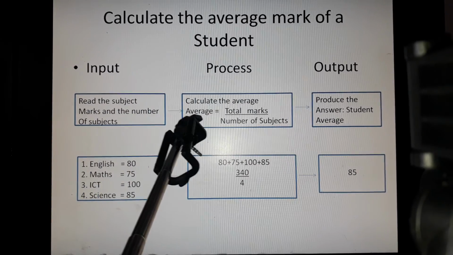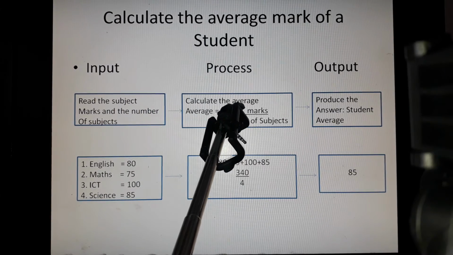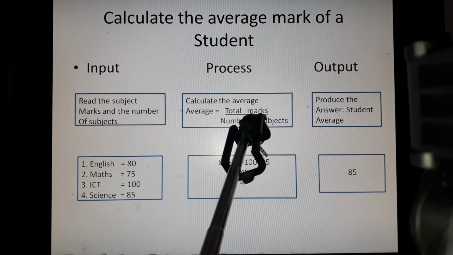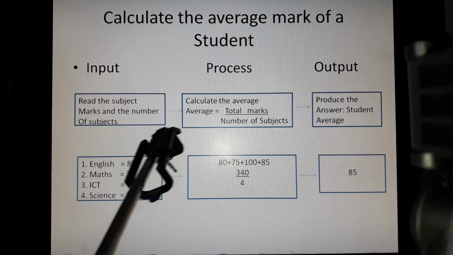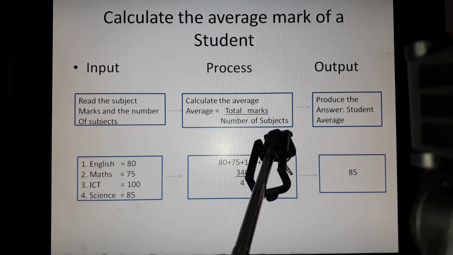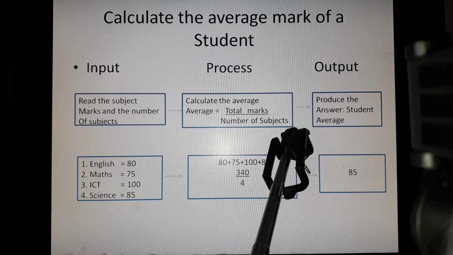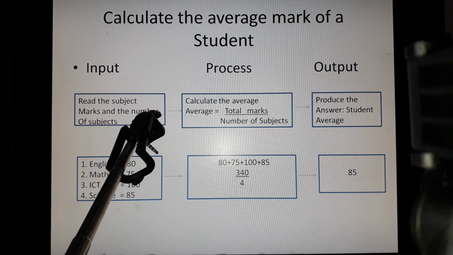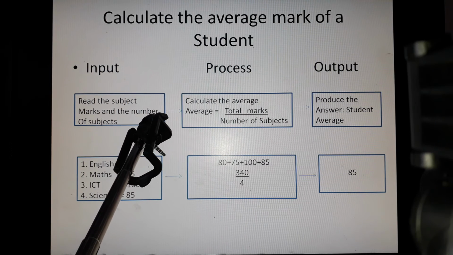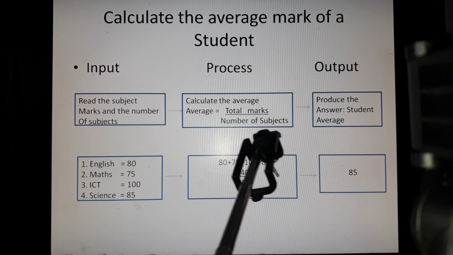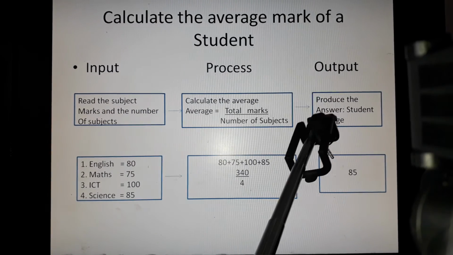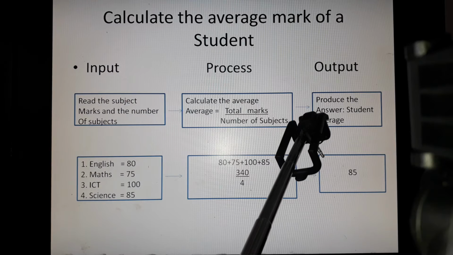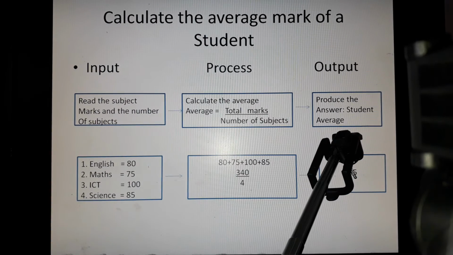Then process, calculate the average. Total marks, number of subjects done in the exams. Then we have to divide the total marks by the number of subjects. Then output, produce the answer, the student average.